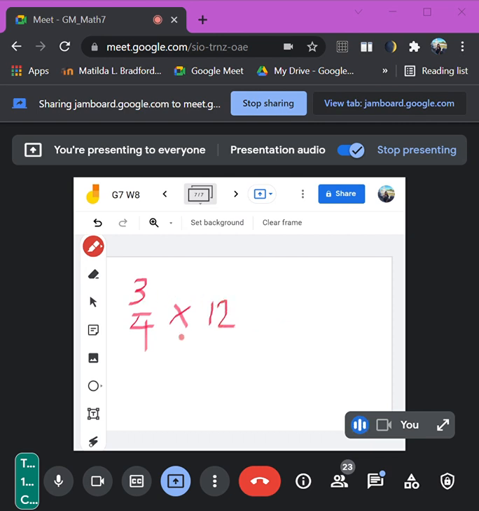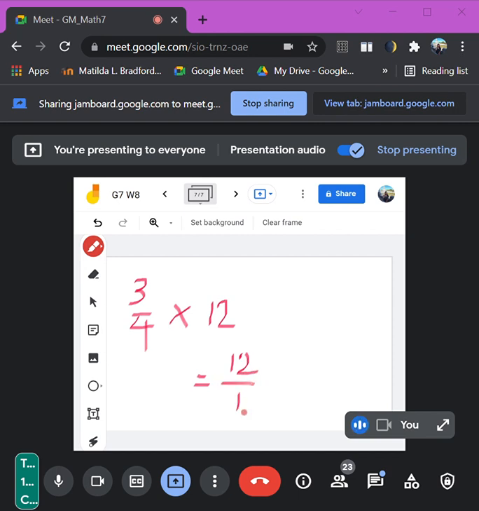So you multiply numerator by numerator, denominator by denominator, where one of them is a whole number. Didn't we say, if it is a whole number, if we're going to change this one into a fraction, that is equivalent to 12 over 1.